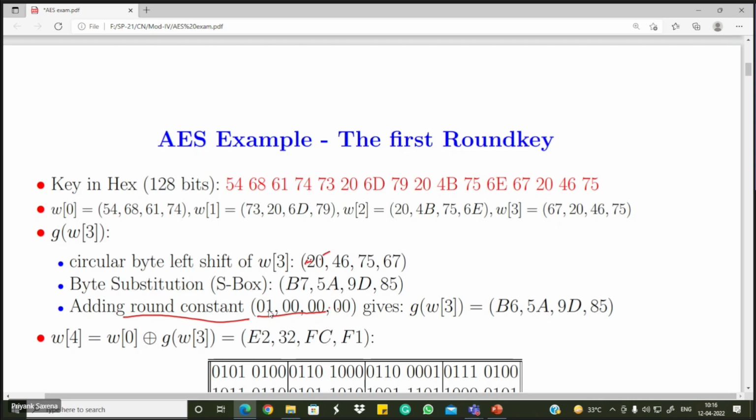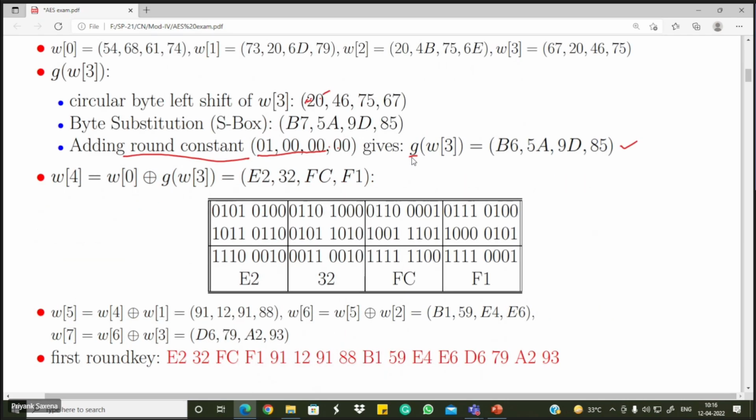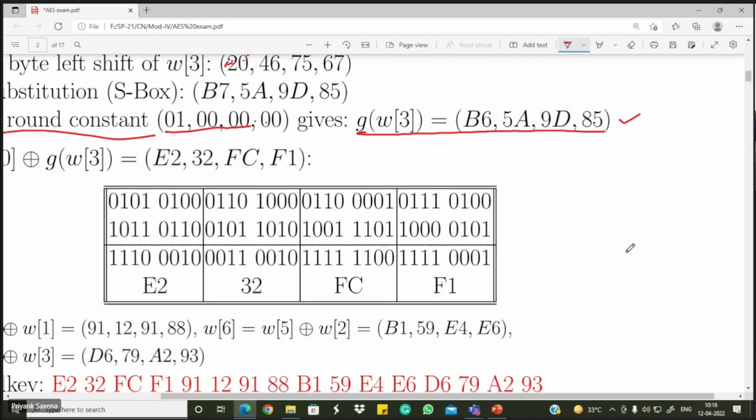So W4 is nothing but GW3, on which we perform some operations starting from W3. So we got this GW3. How is the adding happening? This round constant, we are adding it to 20.